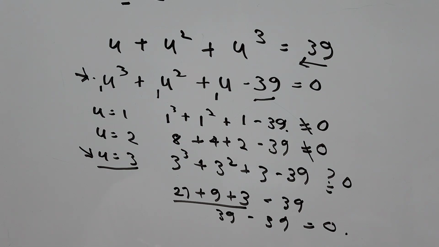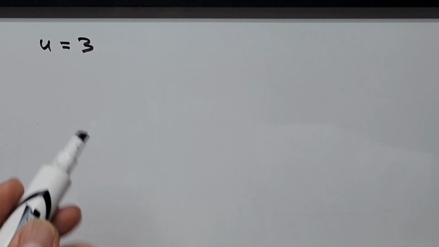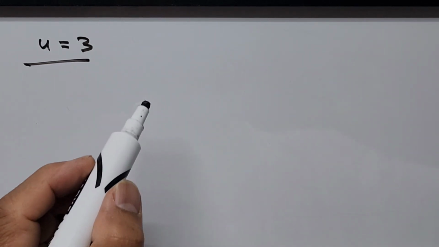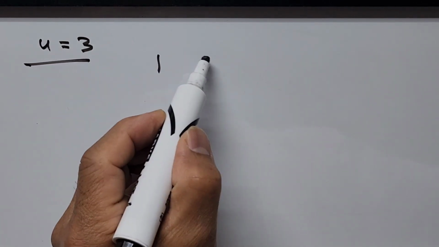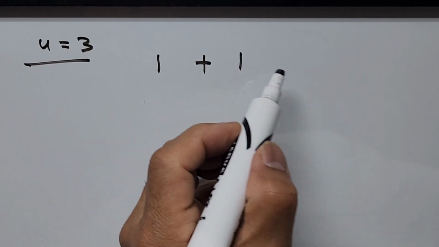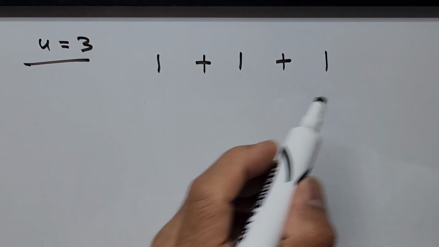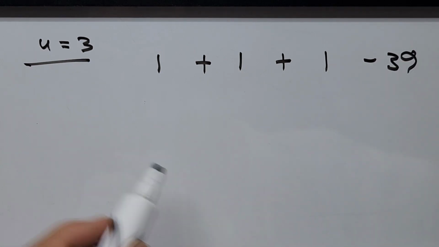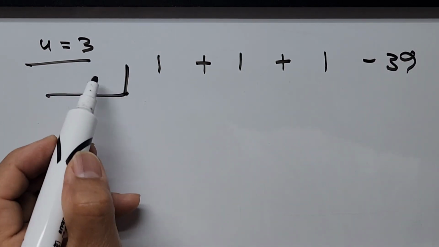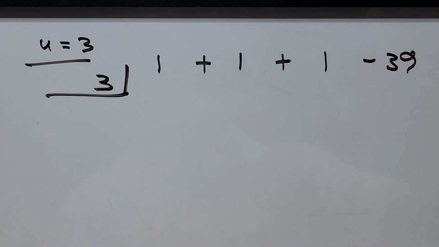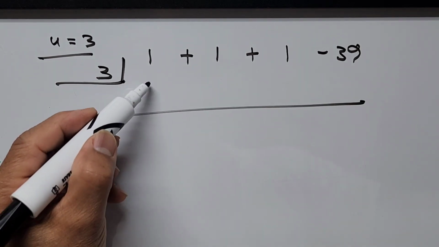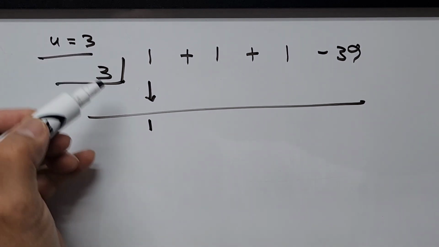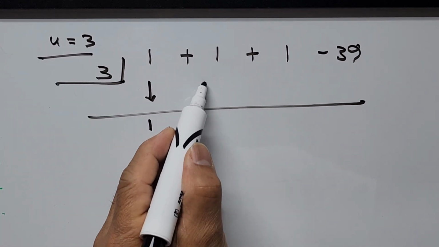So we have the value of u, positive 3, and the coefficients of the equation, 1, 1, 1, and the last term is minus 39. Bring down 1 and multiply by the initial value of u, which is 3. 3 times 1 is 3.